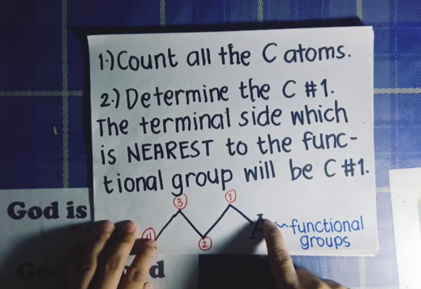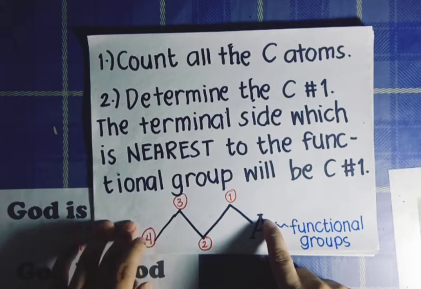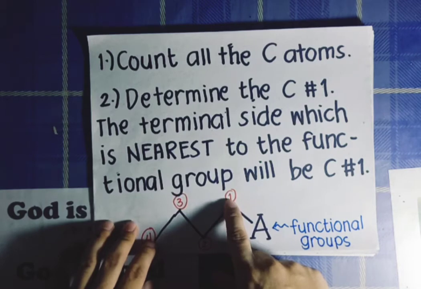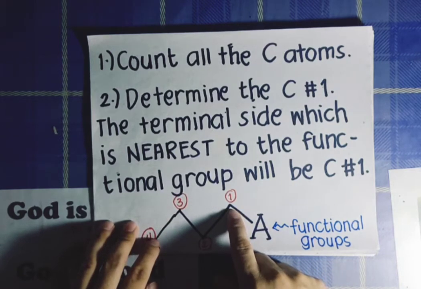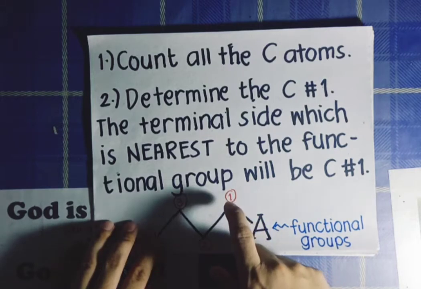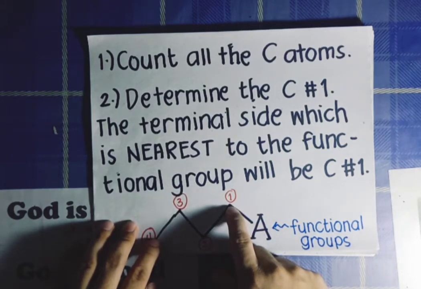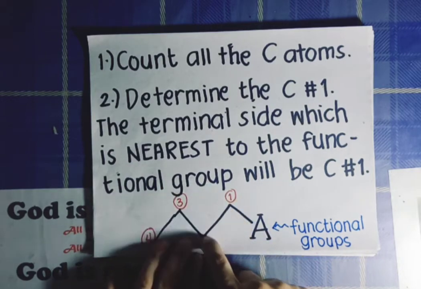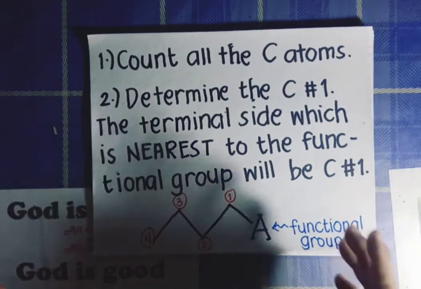So therefore, our terminal side here will be this one and the other terminal side is this one. Okay. Now between these two terminal sides, which one is nearest to the functional group? Obviously, this terminal side is nearest to the functional group. That's why this is our carbon number 1, number 2, number 3, and number 4, and so on and so forth.